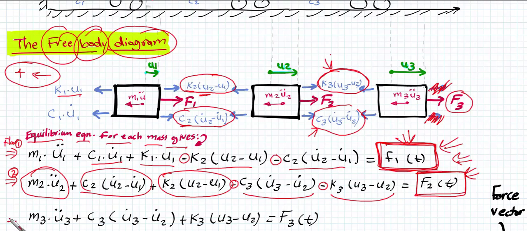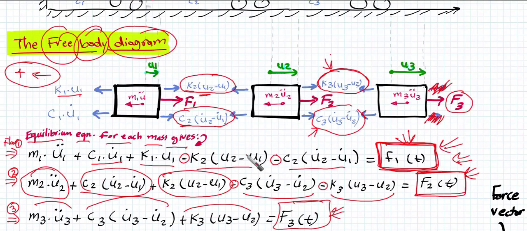Now the third floor. Again, the forces being applied are 1, 2, 3, 4, so 4 forces only. We find 3 terms on the left hand side and 1 term on the right hand side.